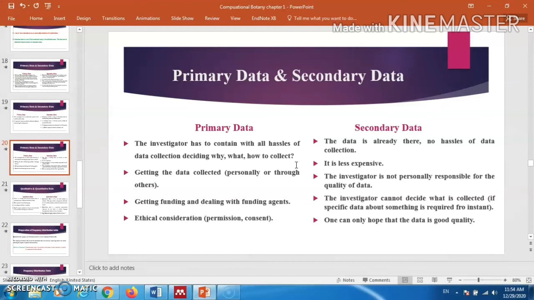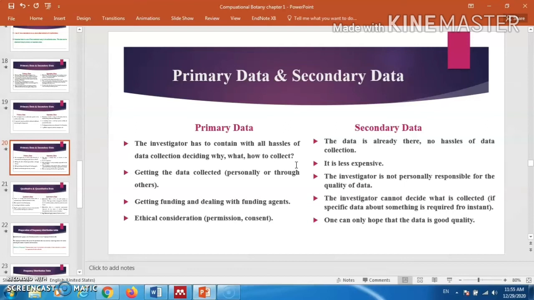If you go in the off season, then what biodiversity will you find in that area? No, you will not find any biodiversity. So first you have to study which month is suitable to visit that particular area.